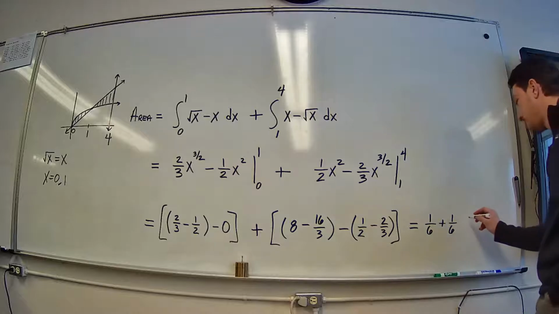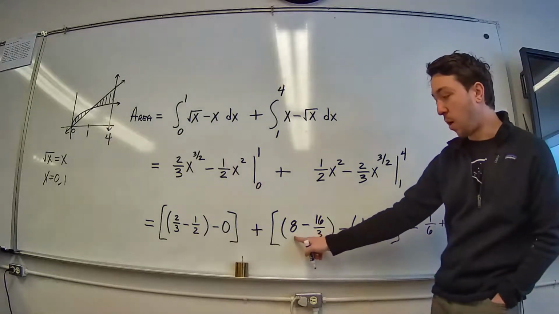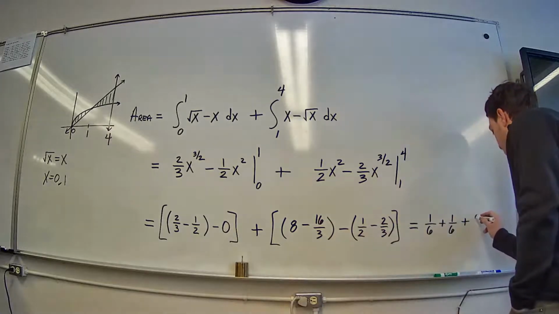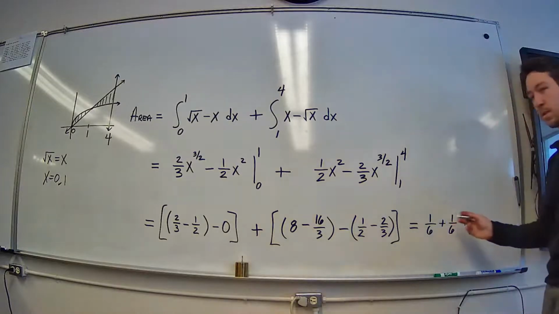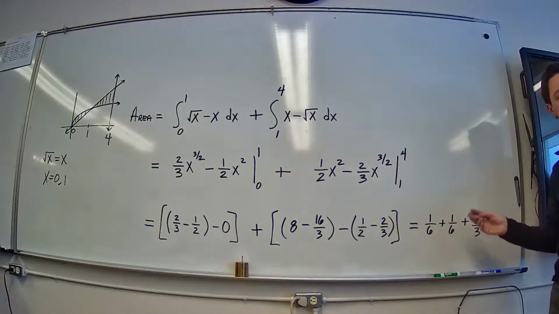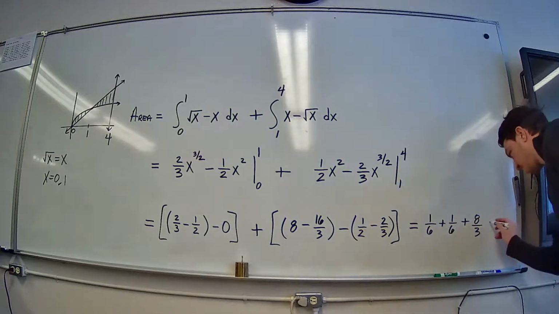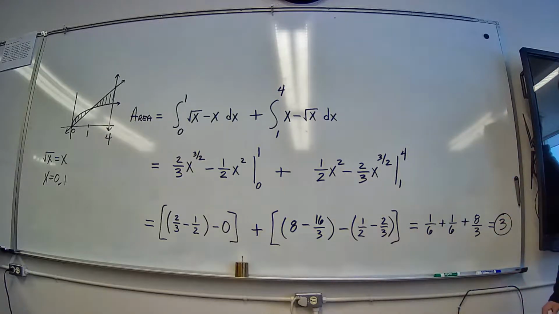And then we've got plus 24/3 minus 16/3, which is 8/3. Do I still have you guys? Yep. Okay, so that's 1/3 plus 8/3. That's pretty neato.